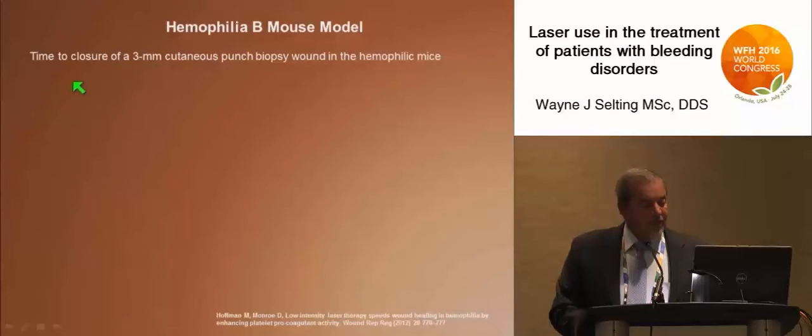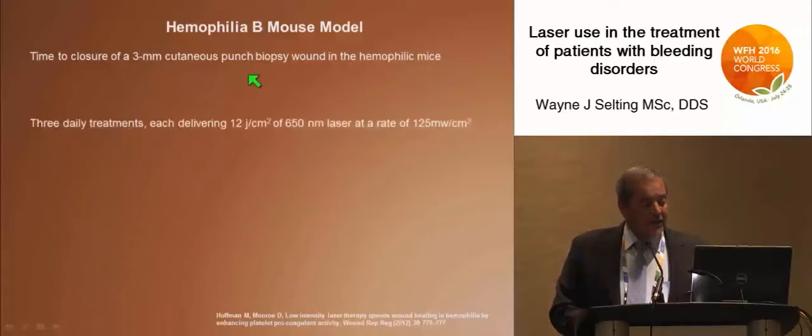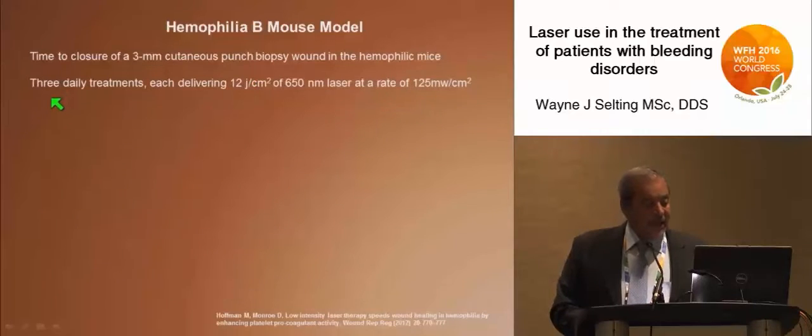You create a 3-millimeter punch biopsy in their back and then see how long it takes for that to heal. Using the laser, did 3 treatments a day, 12 joules per centimeter squared. So that's right near the 3 to 10 that I was talking about at a rate of 125 milliwatts. That's right near the 100 that I was talking about. So this was an appropriately done study.